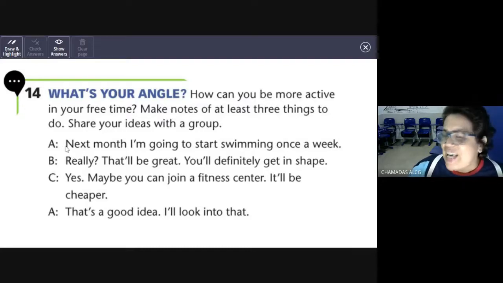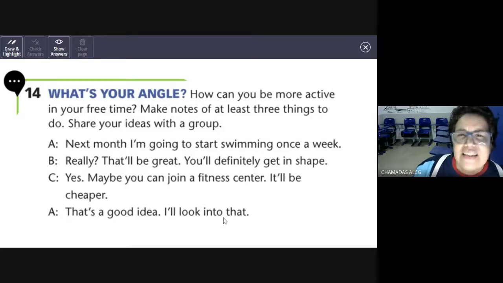The first one says, next month, I'm going to start swimming once a week. That's a good idea. Really? That'll be great. You will definitely get in shape. Or yes, maybe you can join a fitness center. It'll be cheaper. The last one says, oh, that's a good idea. I'll look into that. Okay.